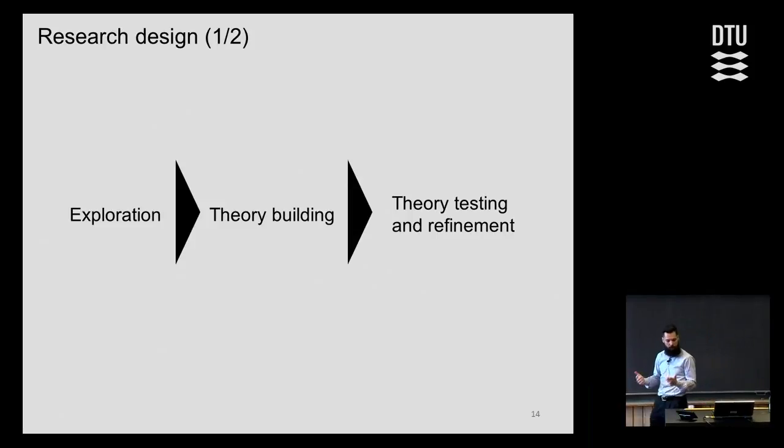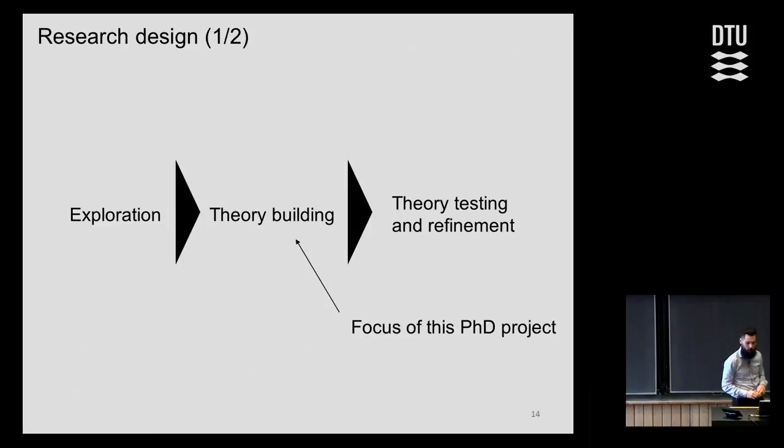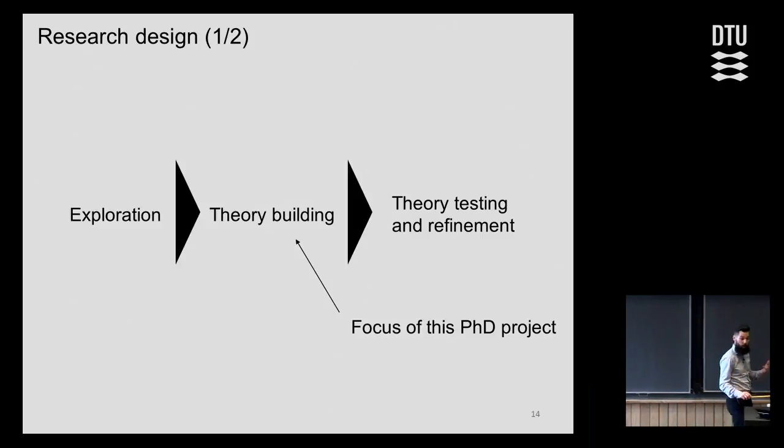Exploration, theory building, and theory testing and refinement, that's the classic way that research works. And this project focuses primarily on theory building. Now, exploration has to do with a field that is almost unknown, where the objective is to find out what the relevant variables to research are. What are the questions?